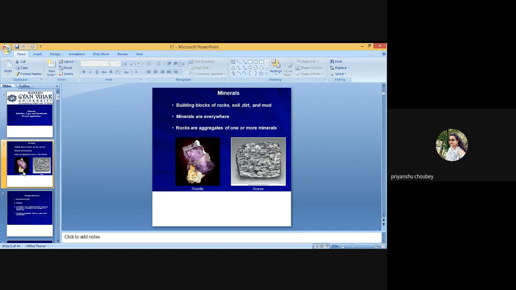Dark colored minerals such as hornblende, augite, biotite, etc. are constituents of igneous rocks such as gabbro, basalt, and basalt glass. Quartz is also a constituent of metamorphic rock.